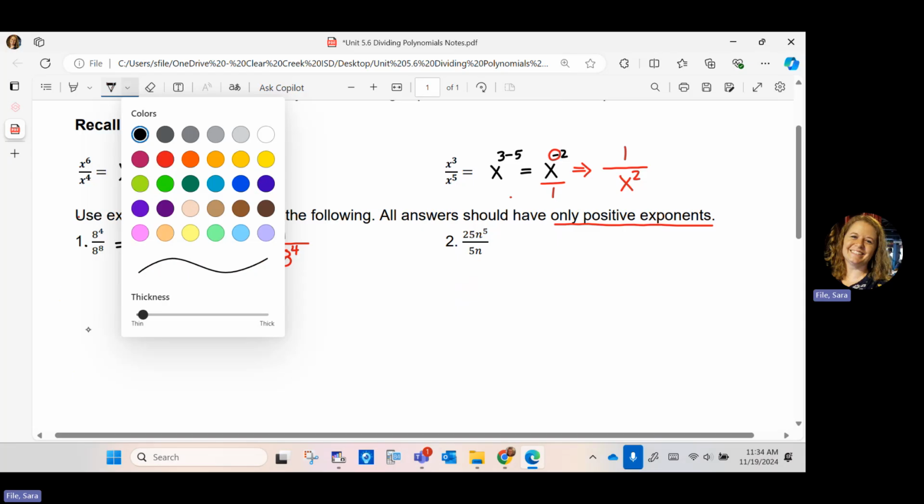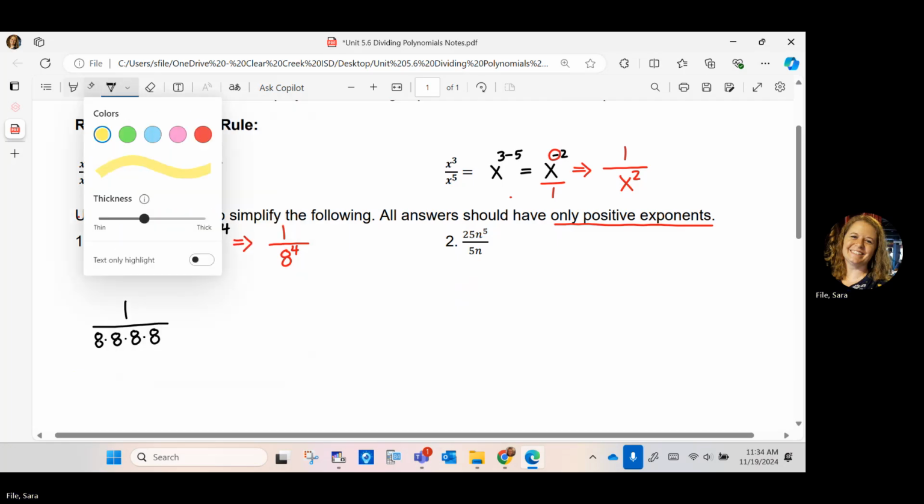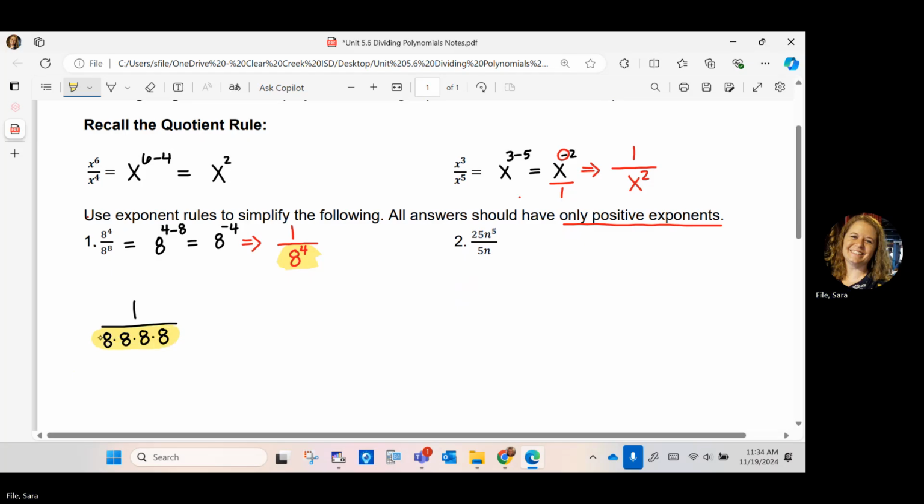If you need to see the expanded version, 8 to the 4th means there are 4 8s being multiplied by each other. You can't do the 4th power on your 4-function calculator, but you can do 8 times 8 is 64, times 8 again is 512, and times 8 again is 4096.